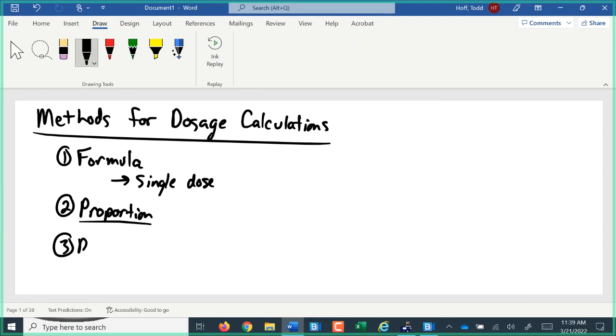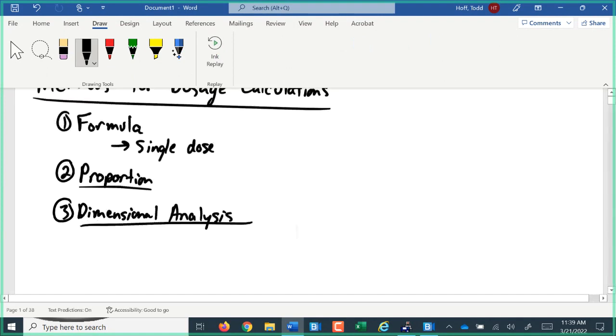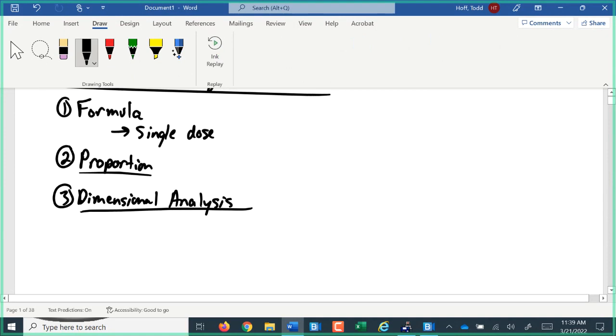Then we talked about dimensional analysis. Dimensional analysis had several strengths. One is there's nothing to memorize. No formulas, nothing like that. Two, you didn't even have to understand what the units were.